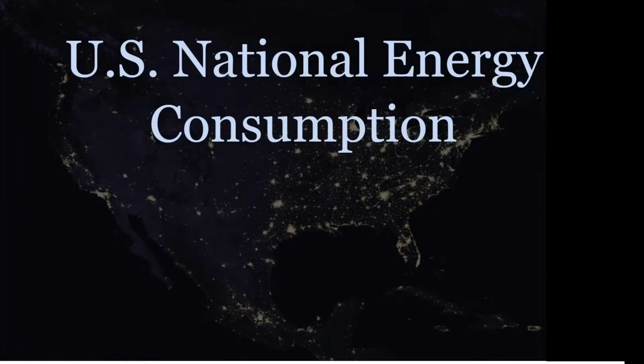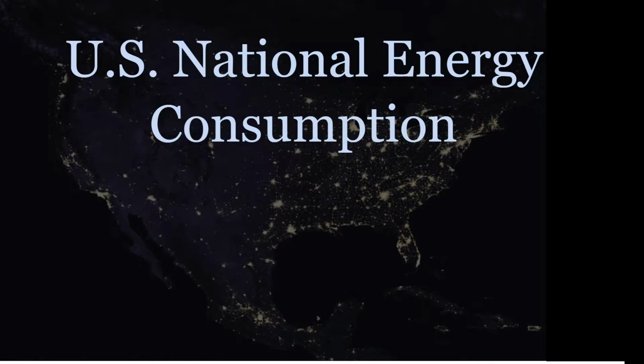So the first thing we'll be talking about today is US national energy consumption. Often people forget that energy is not just the electricity you consume, but also the energy you use to drive a car, the energy used for manufacturing, the energy used in agriculture. So energy means a lot of different things.